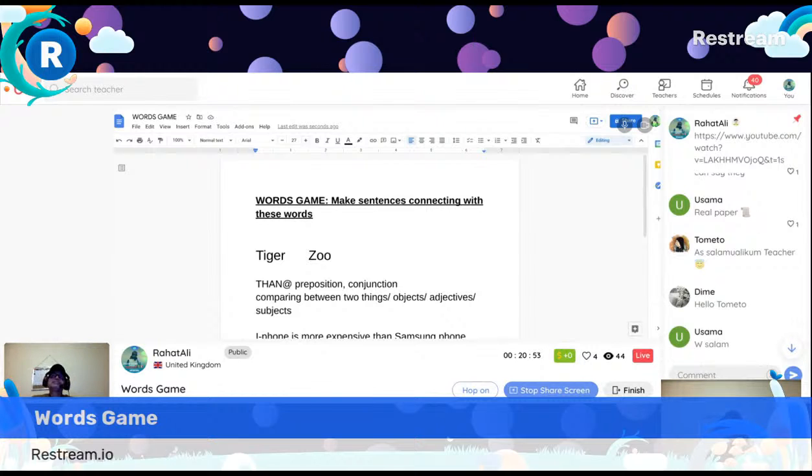So don't worry about the grammar once again, dear viewers, or spelling errors. I'm going to help you. So tiger and zoo. And tonight, I'm sure Royal Bengal tiger is one of the famous tigers around the world. It is famous all over the world. Royal Bengal tiger. You can find it in India and Bangladesh as well.